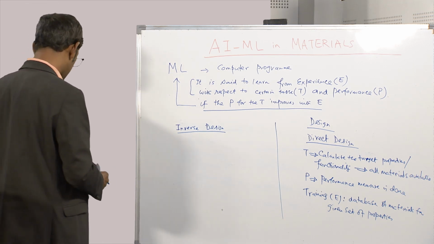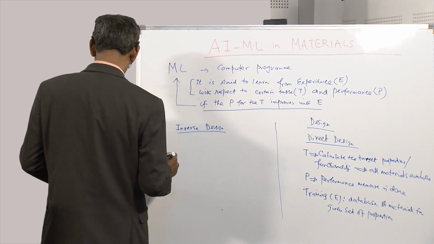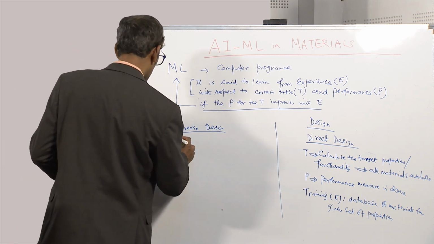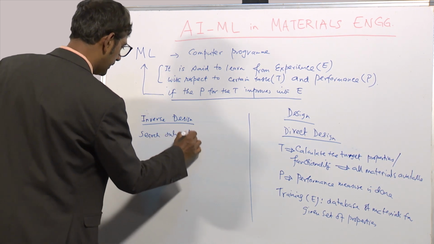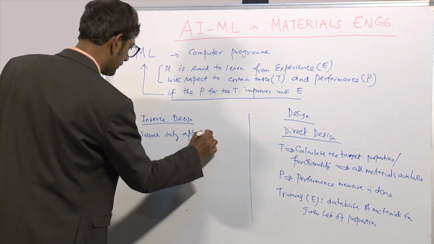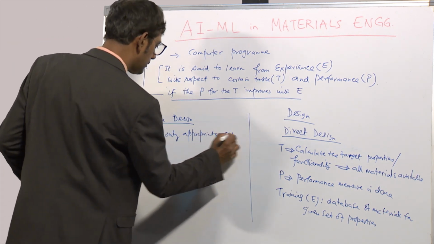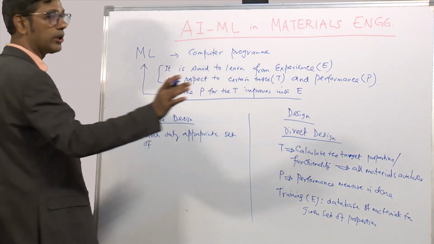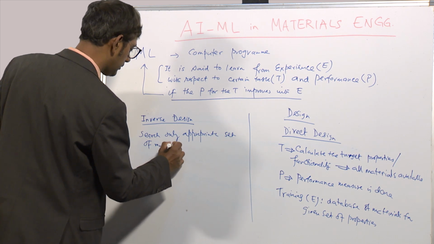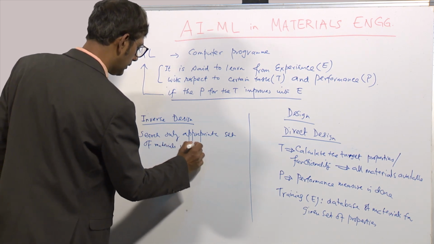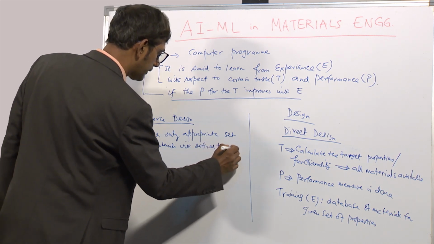So, what is the inverse design then? Well, inverse design starts with the task, obviously. It searches only an appropriate set of materials, it does not search all the materials, only an appropriate set of materials with defined target properties.